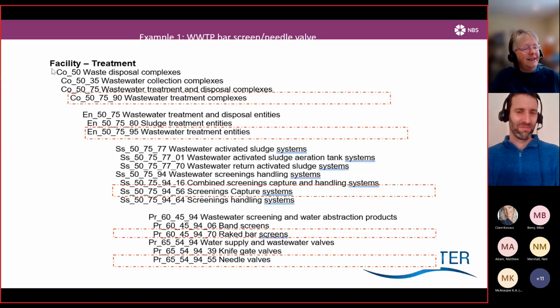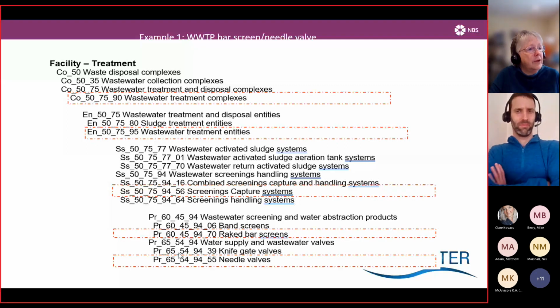Here you've got, working down through the table, some examples of how you can get down to the basic pieces of kit that need operating and maintaining, starting at the top with your complexes, breaking it down into the wastewater entities, looking at all the different systems you're particularly interested in, and then the products associated with that.